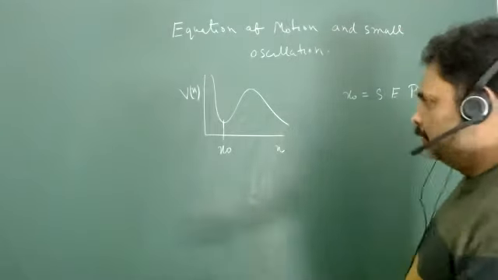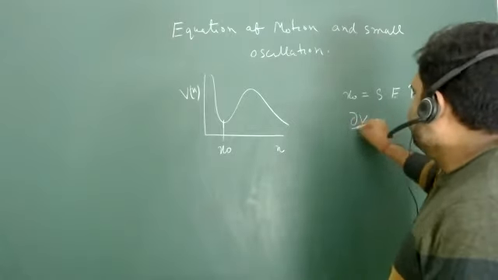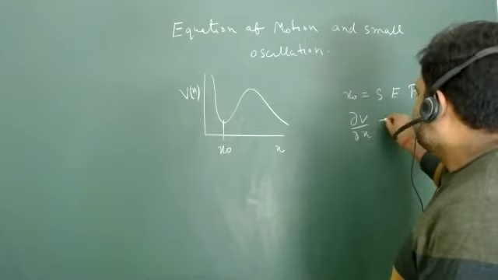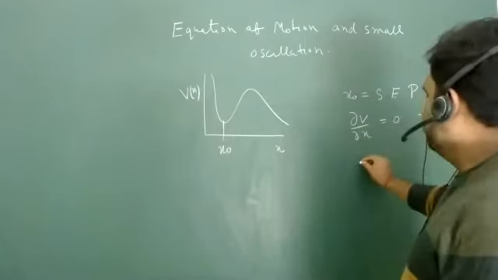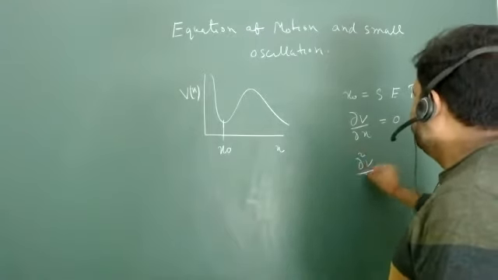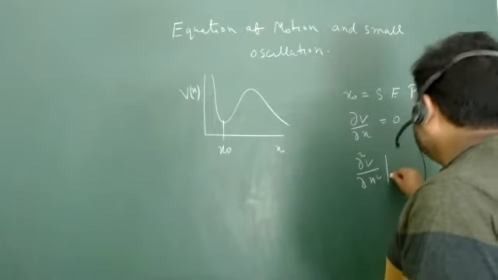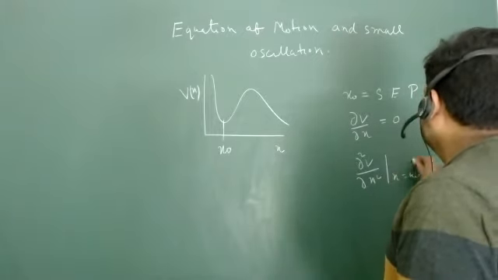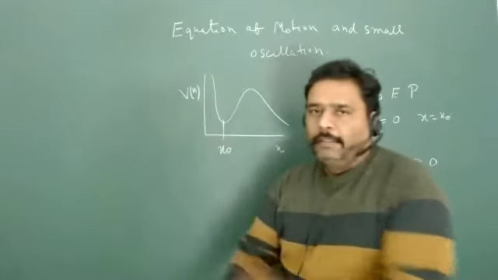What is the meaning of a stable equilibrium point? We can revise this again: del V upon del x is equal to 0 at x equal to x naught, and del square V upon del x square at x equal to x naught must be greater than 0. Now look at what is going to happen.